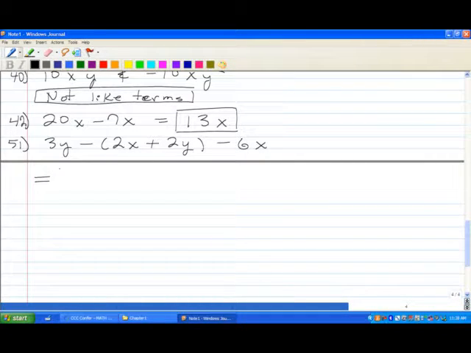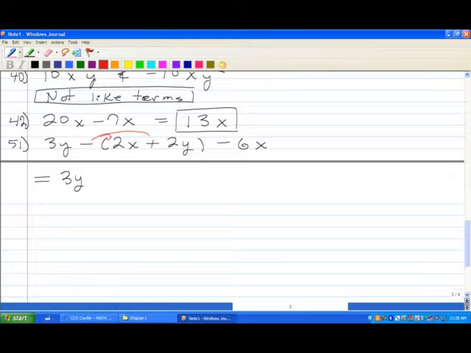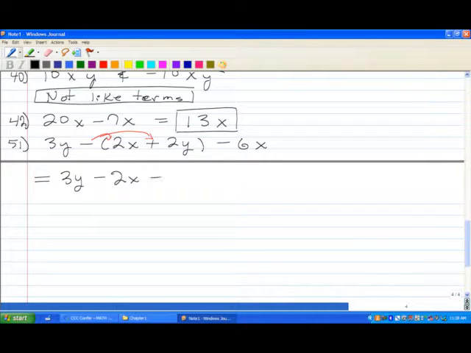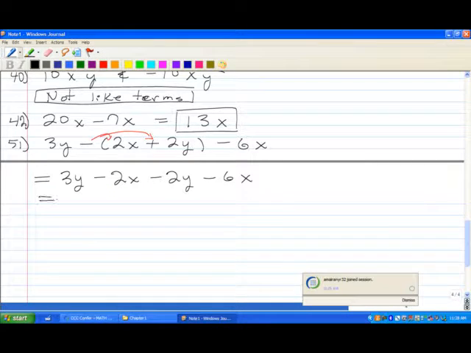And so this is the same as 3y, distributing the negative sign inside the parentheses, minus 2x minus 2y minus 6x. 3y minus 2y is 1y, and minus 2x minus 6x is negative 8x.